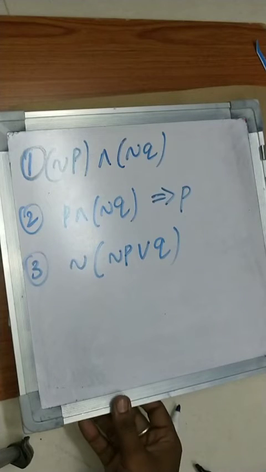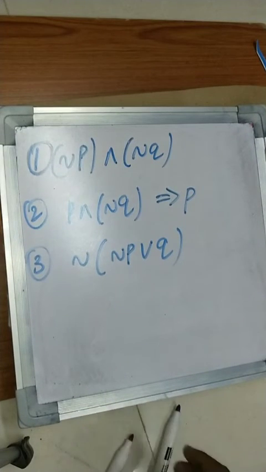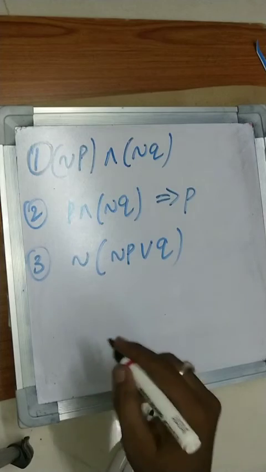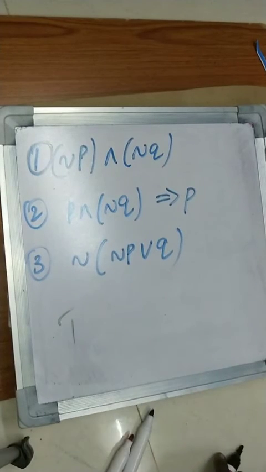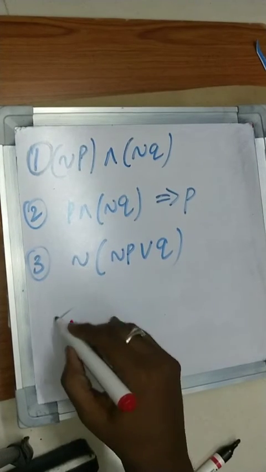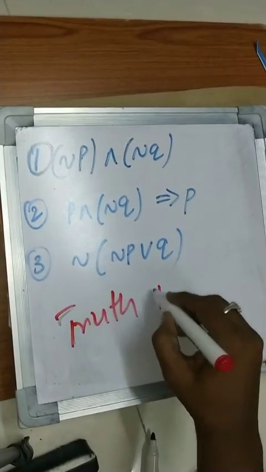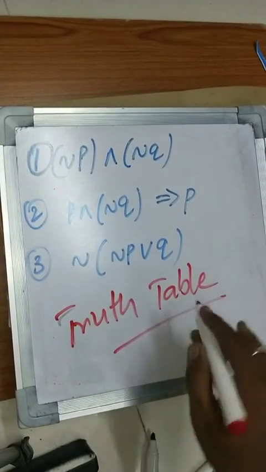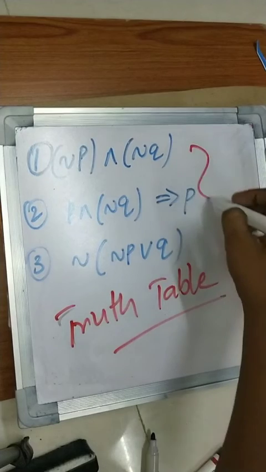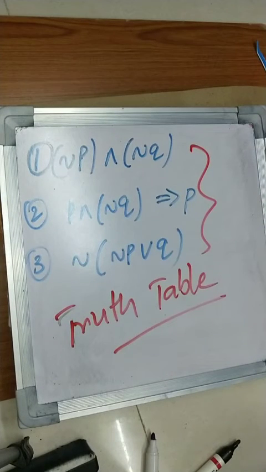And the next problem: negation P and negation Q. You are supposed to write the truth tables. I want you all to construct a truth table for all three of these.